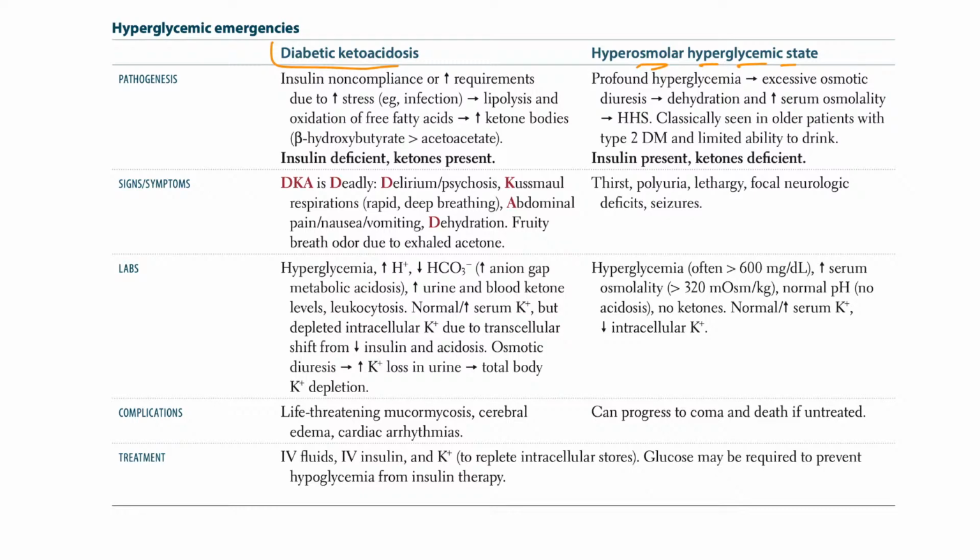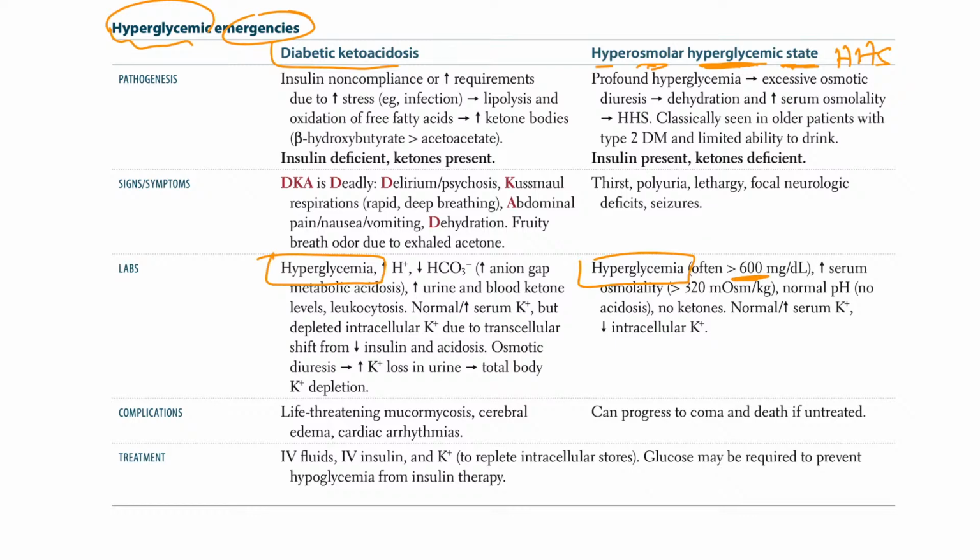Okay, so these are all hyperglycemic emergencies. What do we mean by that? Both will have hyperglycemia, but in HHS, hyperosmolar hyperglycemic state, as the name suggests, you're going to have a glycemia greater than 600.